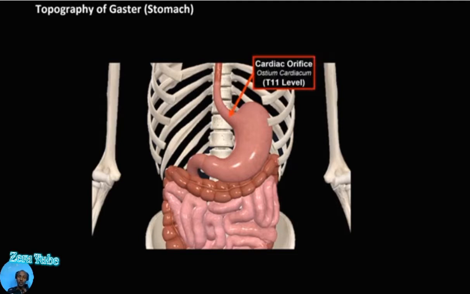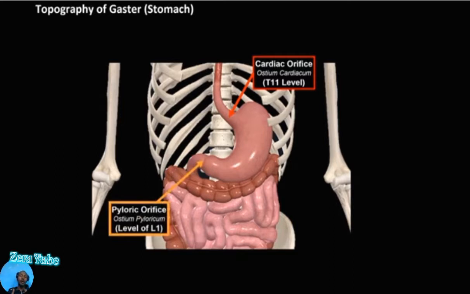The other orifice, the second orifice, is found between the first part of the small intestine, which is called duodenum, and the stomach, which is called pyloric orifice. The pyloric orifice is located at the level of L1.